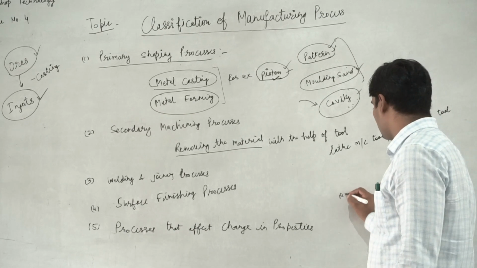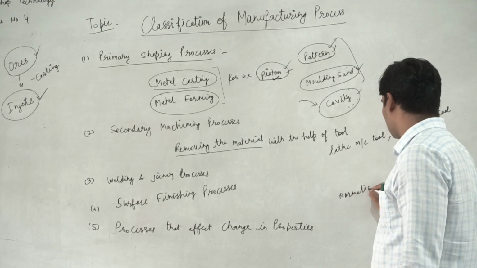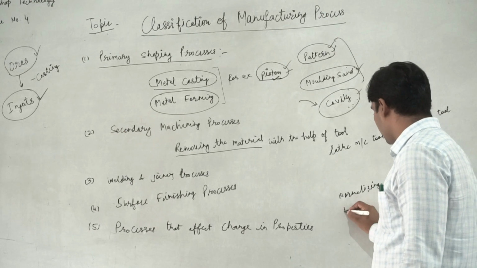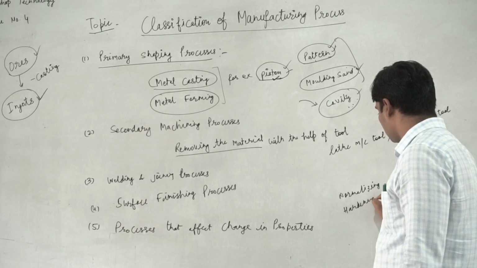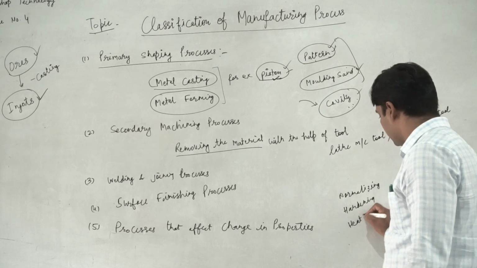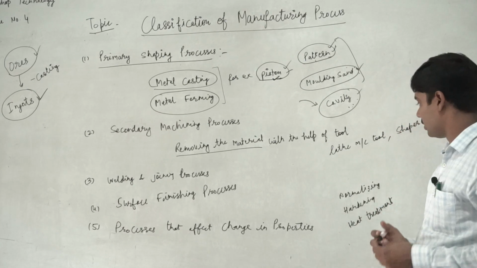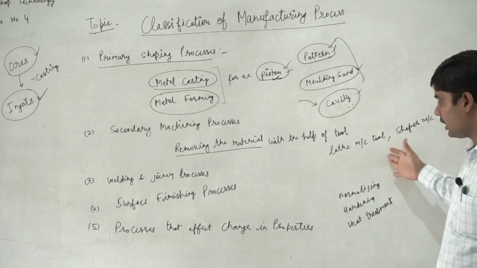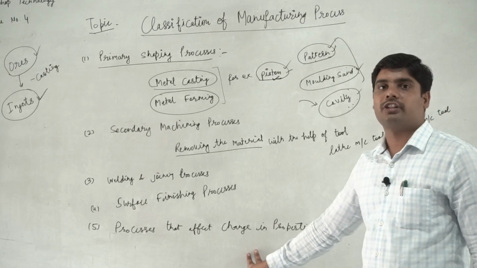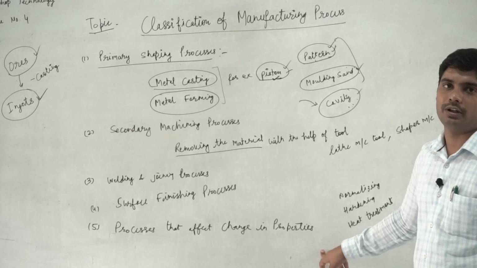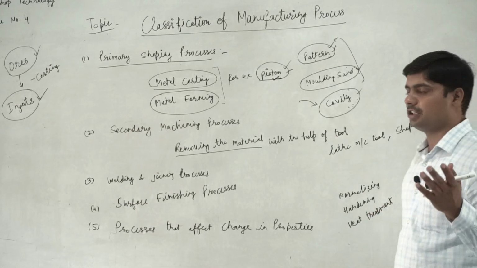So like normalizing, hardening, heat treatment, annealing. So these are all the processes which can affect the change in properties, means our mechanical properties will be improved.